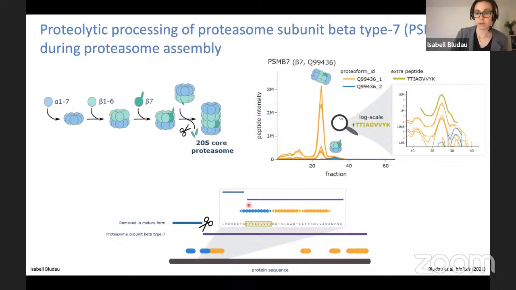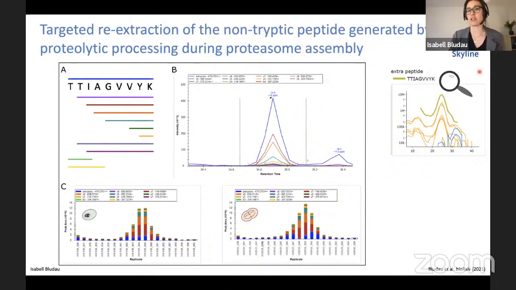So we then wondered whether we can detect this non-tryptic peptide in our actual 20S proteasome. We went to Skyline and leveraged the beautiful feature of DIA that we can go back and re-extract information that we didn't think of before. So we took the non-tryptic peptide spanning this propeptide cleavage site and performed a targeted extraction.